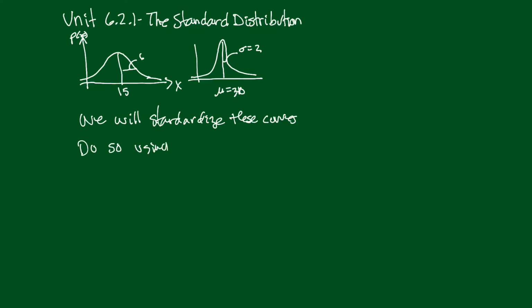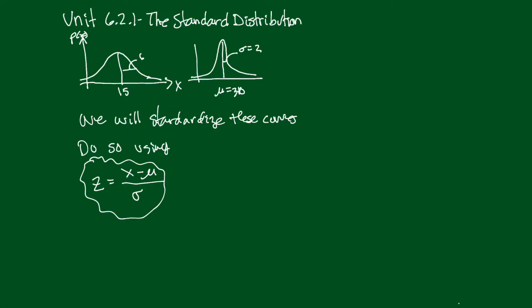We've seen this before: z equals x minus mu over sigma. Before we did x minus x bar, but now we're doing x minus mu over sigma. After we standardize, everything will fit into a table and be programmable on our calculator.